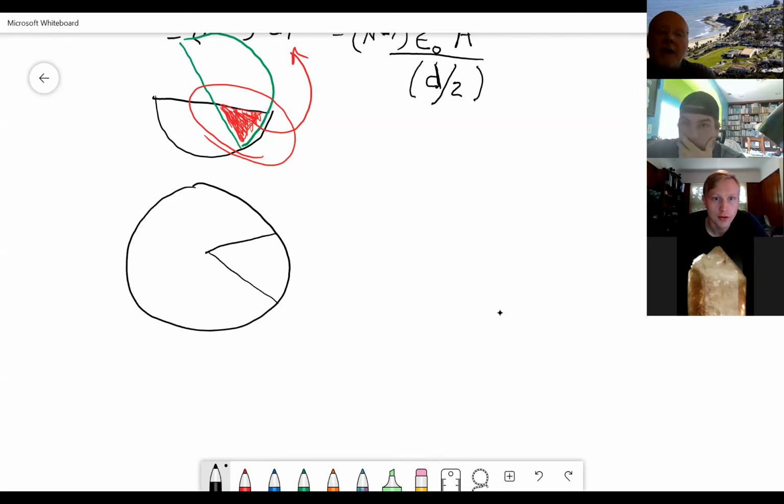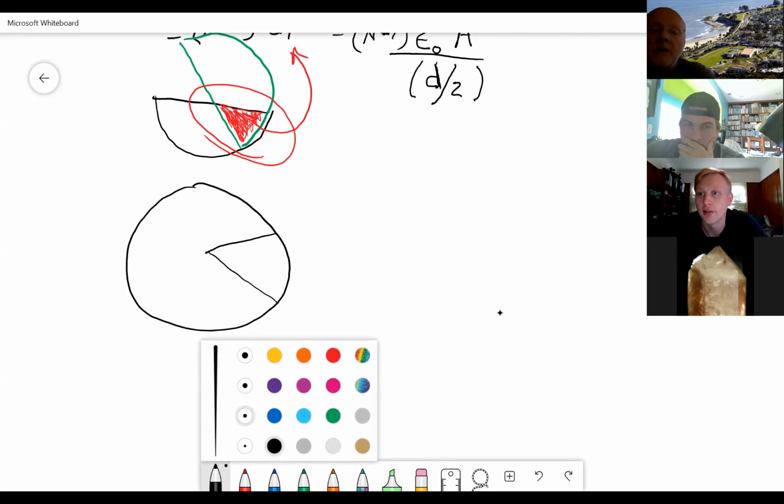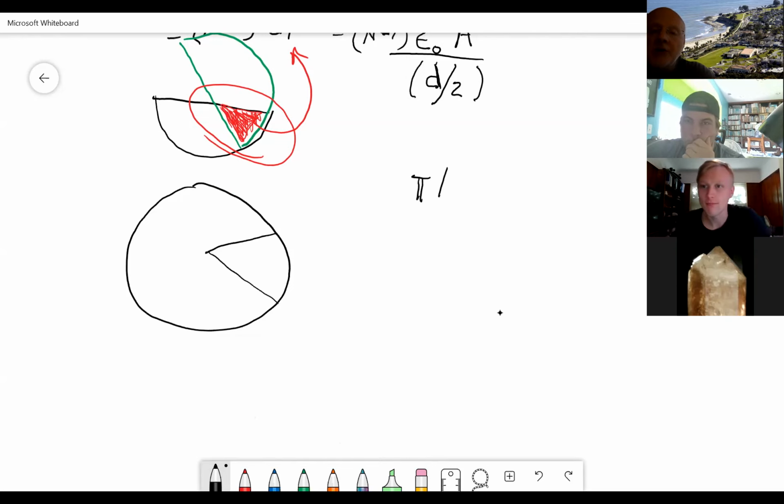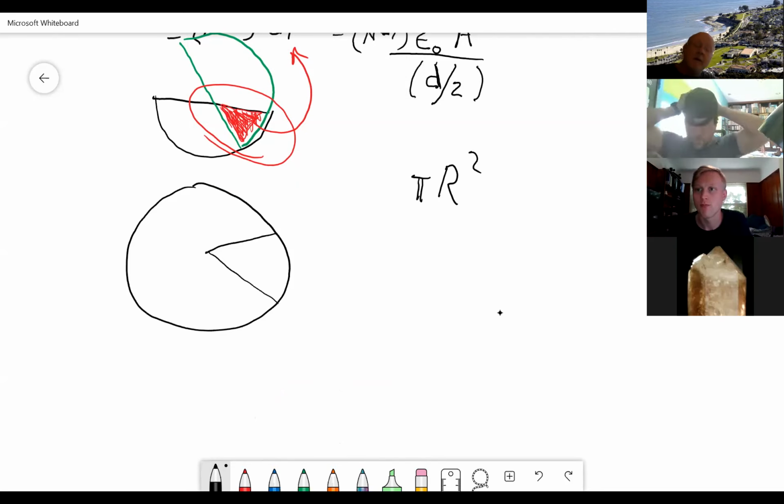But you know that the area of a full circle is pi r squared. What is it, Hunter? It's a segment. Segment. A circle bounded by two edges is a segment. Segment, okay. All right, so this is a full circle, pi r squared.